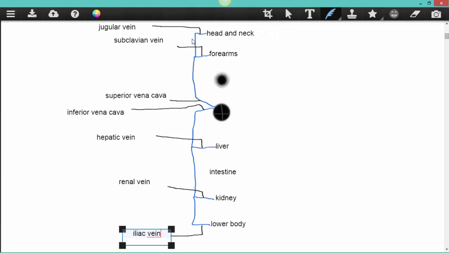The deoxygenated blood from all these parts of the body flow into the right atrium of the heart. This is what we learned in the previous episode when we learned about circulation.